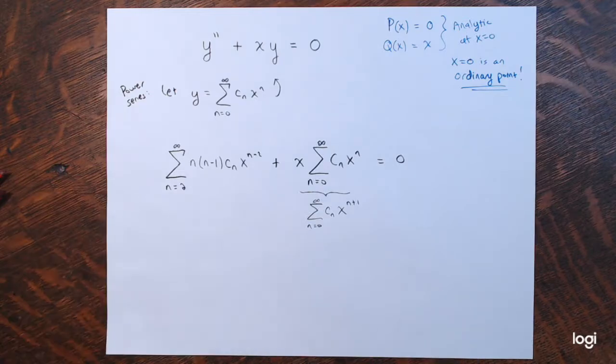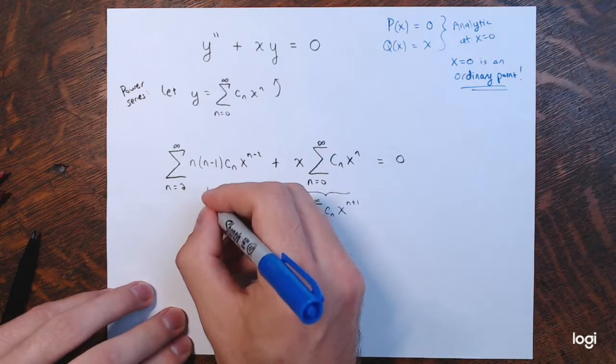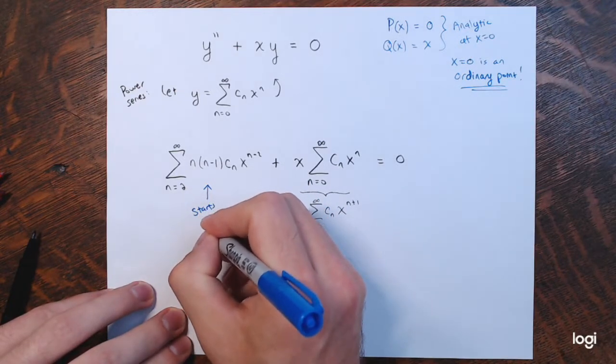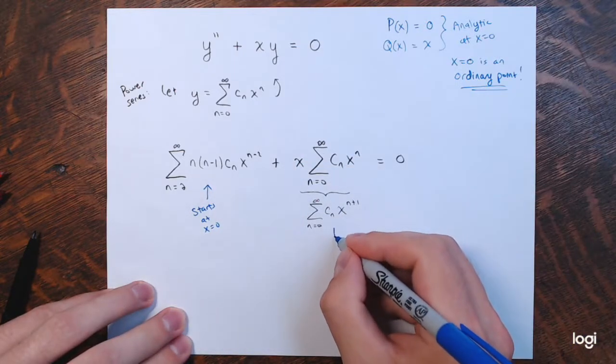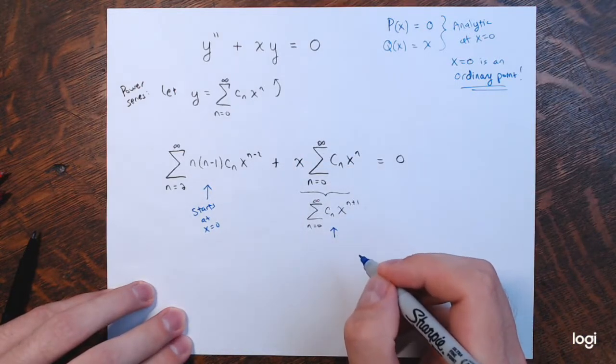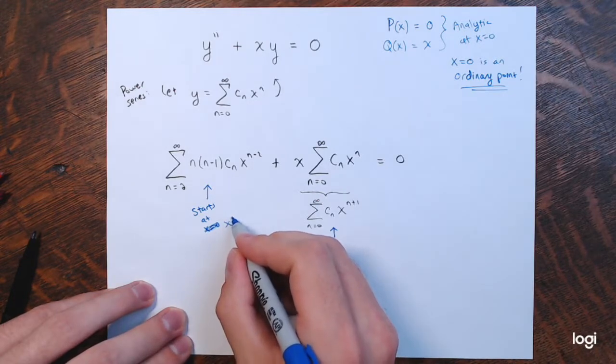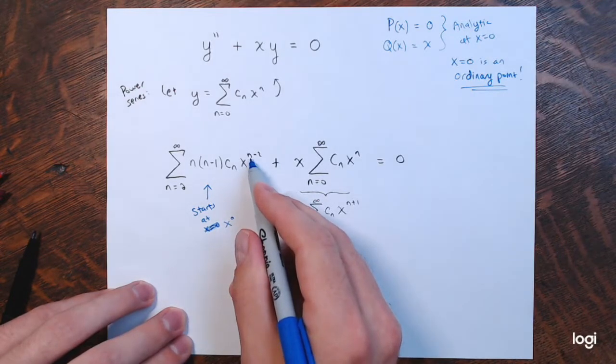Alright, now comes the part where I'm going to write the left side here as an expression involving a single series, not 2 series like I have. Well, this series starts at x to the 0 power.